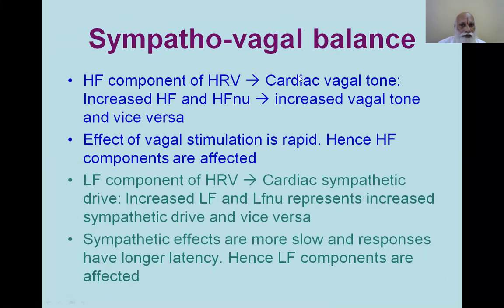We mentioned this earlier also. Increased HF and HFNU both indicate increased vagal tone. And vice versa, if HF or HFNU are decreased, vagal tone is decreased, which indicates poor vagal tone.